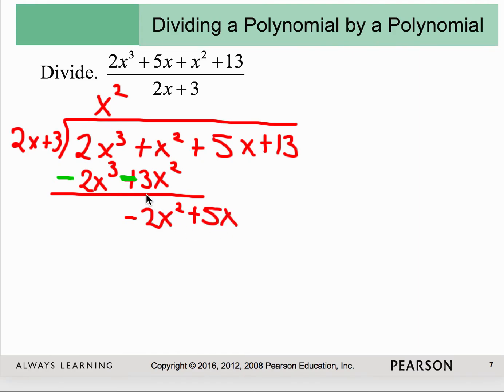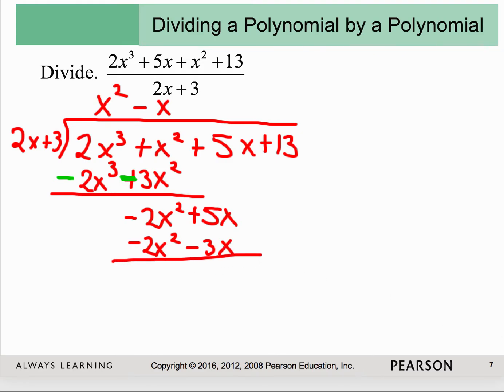And then divide again. What do you got to multiply 2x to make it negative 2x squared? Okay, I need a negative sign in there. And then I need one more x. Negative x times 2x is negative 2x squared. So that looks good. Negative x times 3, negative 3x.